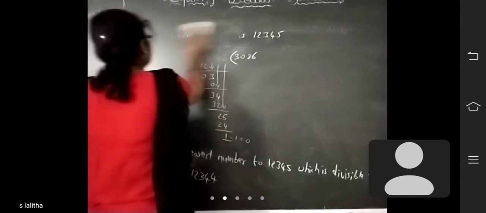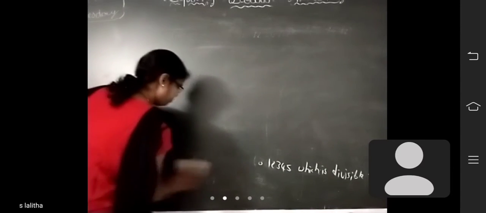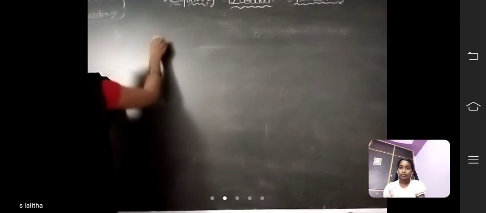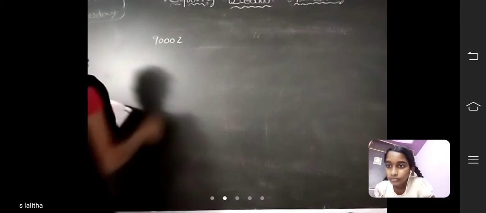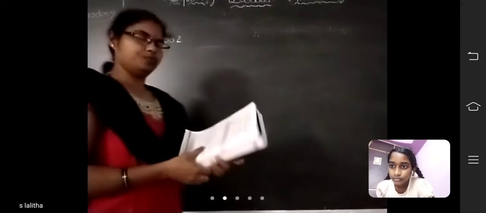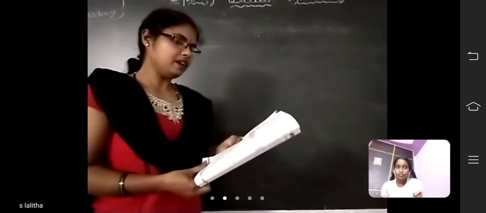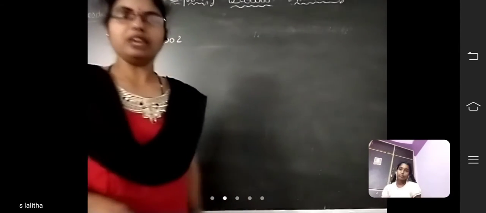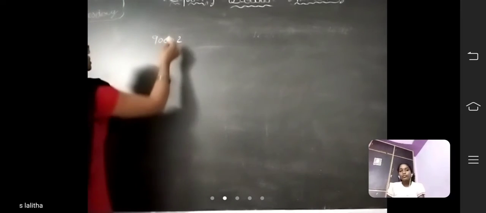Like that, the second number. What is the second number given, children? Nine triple 0 2, so 90,002. So what is the first blank? Sum of the digits at odd places.